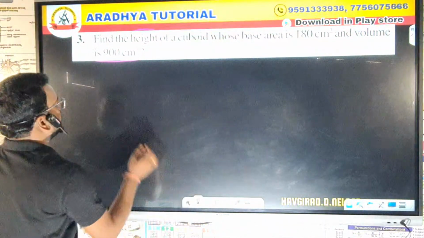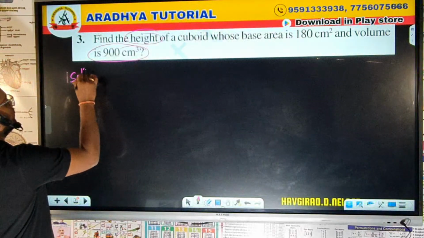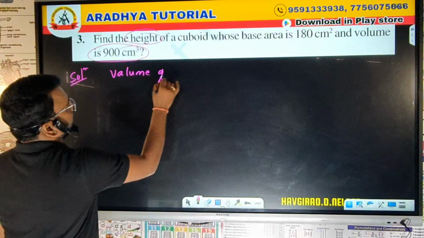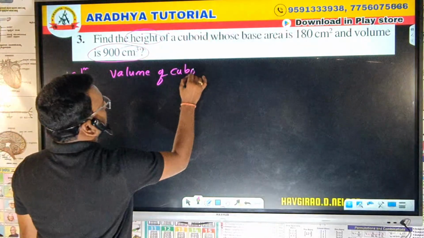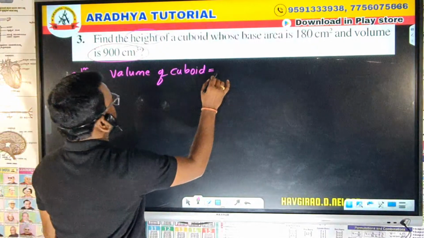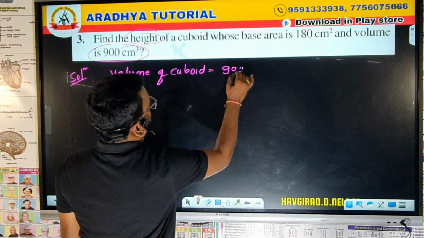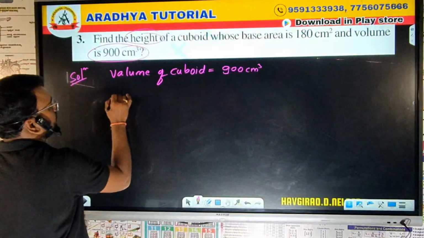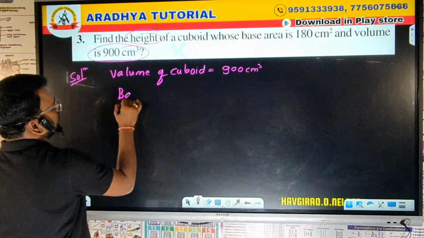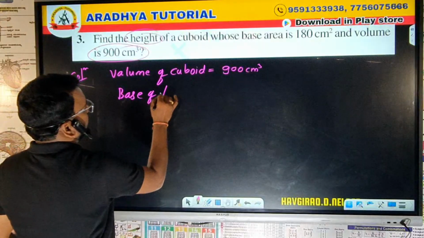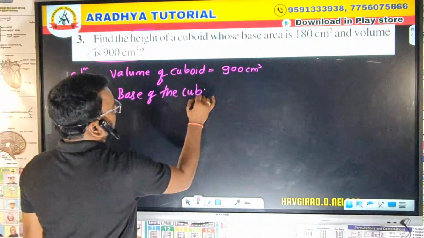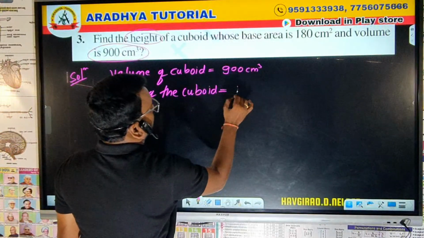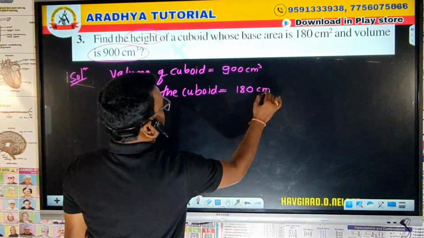Solution. Volume of cuboid equals 900 centimeter cube and base of the cuboid equals 180 centimeter square.